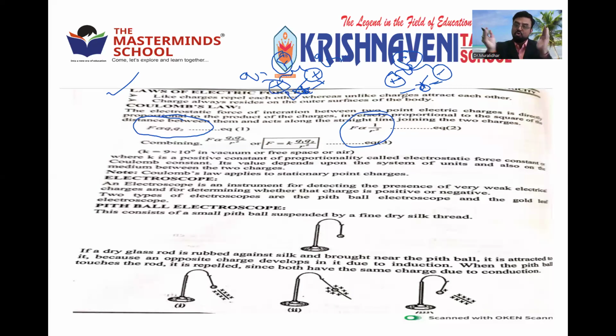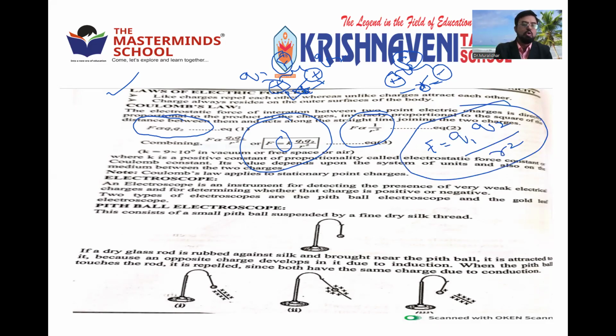Distance increases, force decreases. Distance decreases, force increases. That is the second statement. By combining these two, we got the common formula. F is equal to K, where K is the constant taken here. F is equal to K into Q1 Q2 by R square, or simply, K value generally 1. So you can write Q1 Q2 by R square is the formula called Coulomb's law.